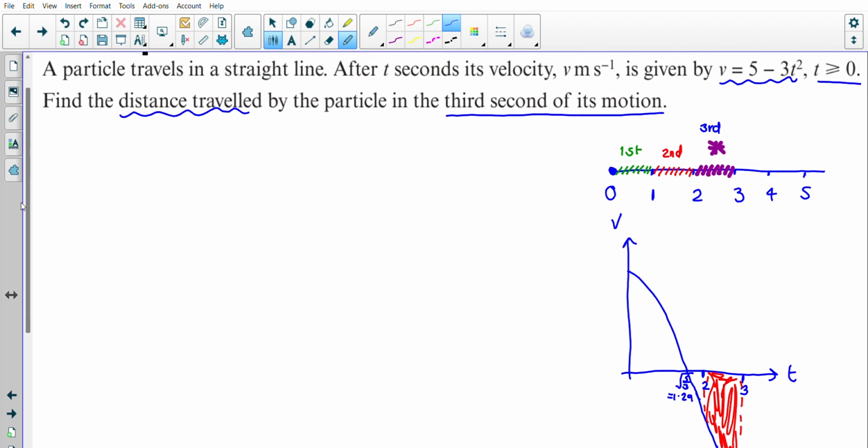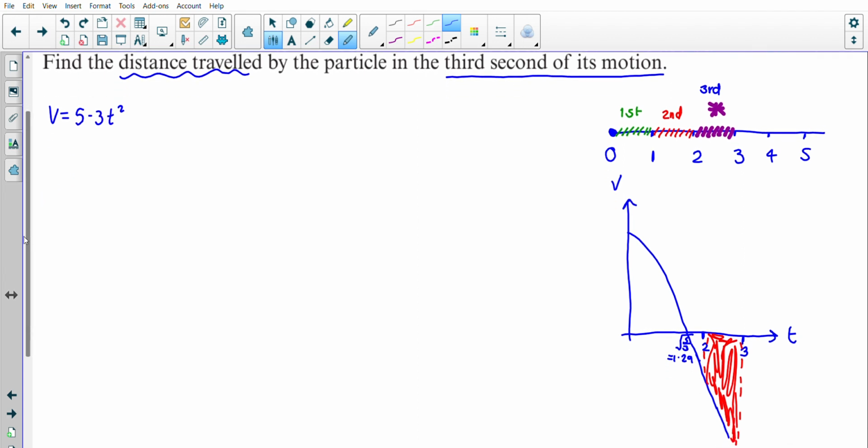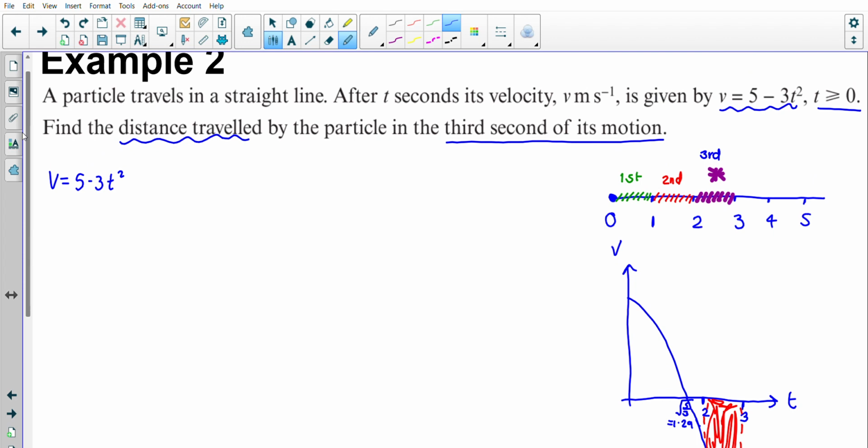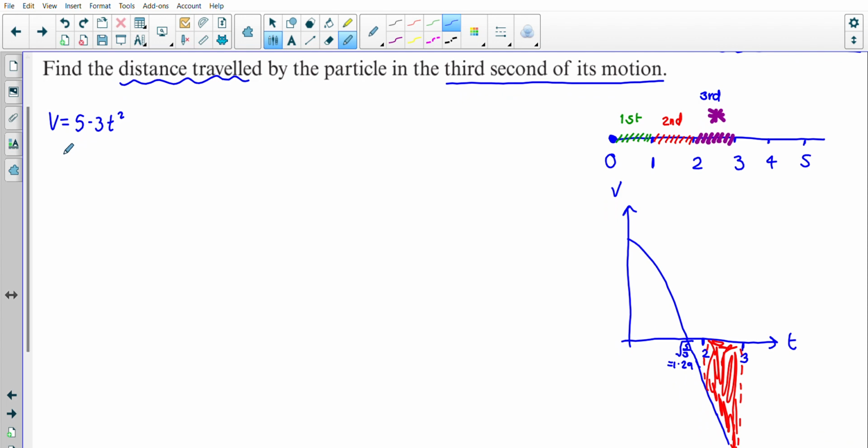If I just move up slightly, I'm going to be using v equals 5 minus 3t squared. And I need to integrate that because it's talking about distance. So I will use S for distance. It's not giving me any letter, so I'm using S. So that will be the integral of 5 minus 3t squared and then dt.